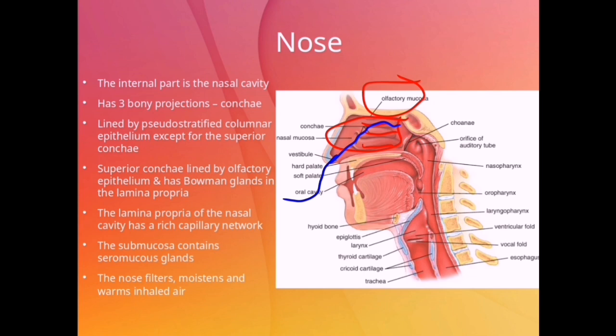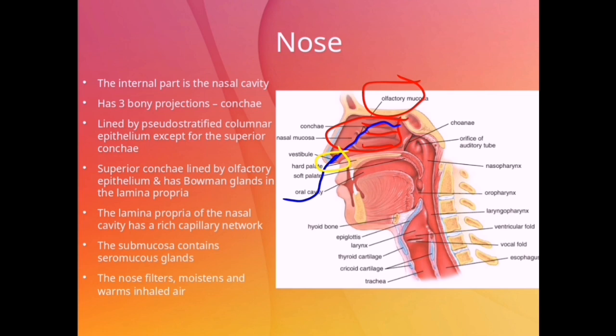This air, remember, gets filtered by the vibrissae at the region of the nasal vestibule. Within the nasal cavity, the air gets moistened by the mucus produced by the mucosal glands, and it also gets warmed by the fine capillary network located within the lamina propria of the nasal mucosa.